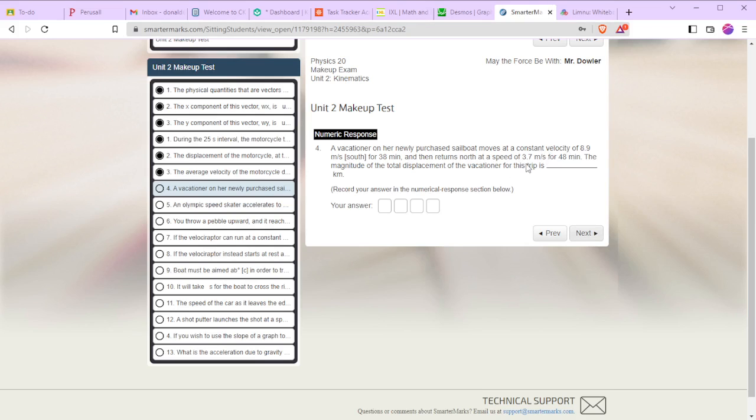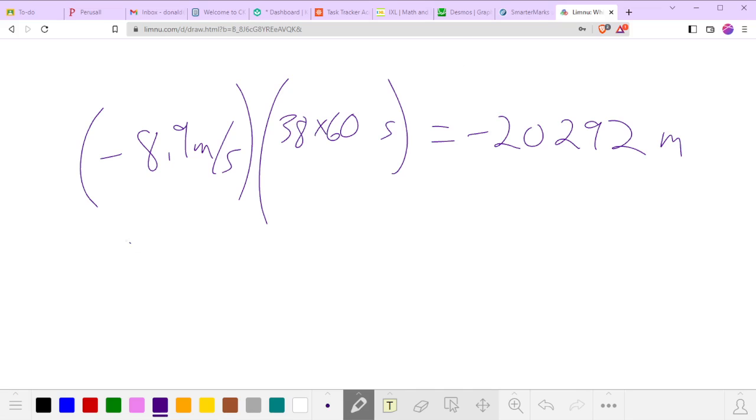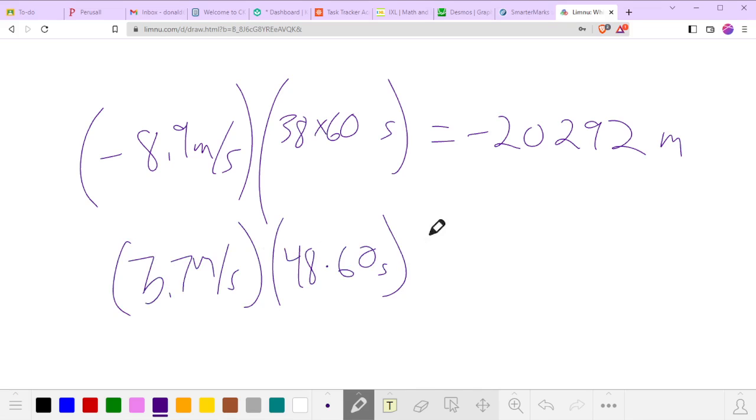And our other distance here is now 3.7 meters per second for 48 minutes. So that's a positive 3.7 meters per second times 48 minutes times 60 seconds. That's 10656 meters.